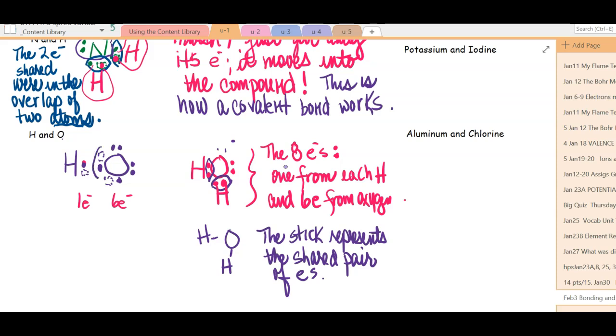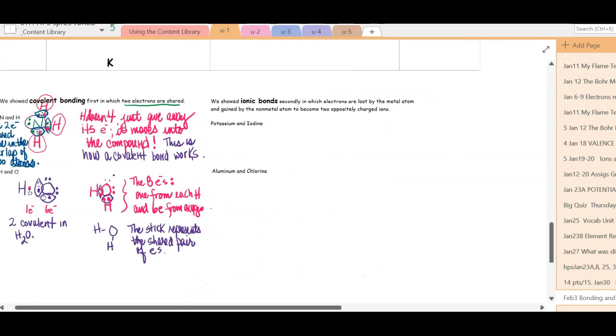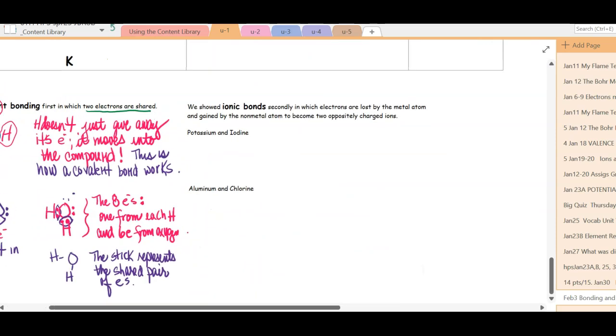So that's why these are the covalent bonds. So there's 2 covalent bonds in water. All right, so covalent means sharing. Now, then we talked about ionic bonds.